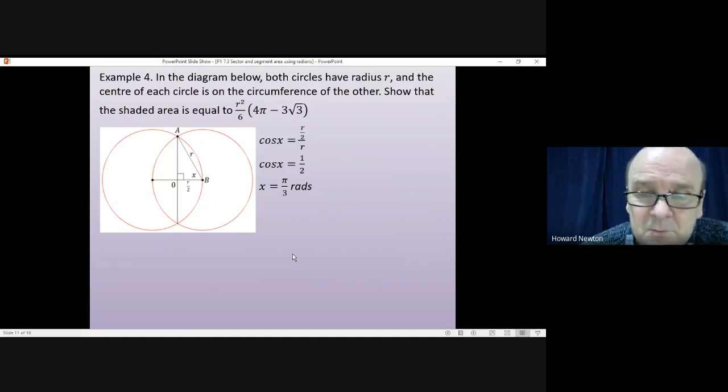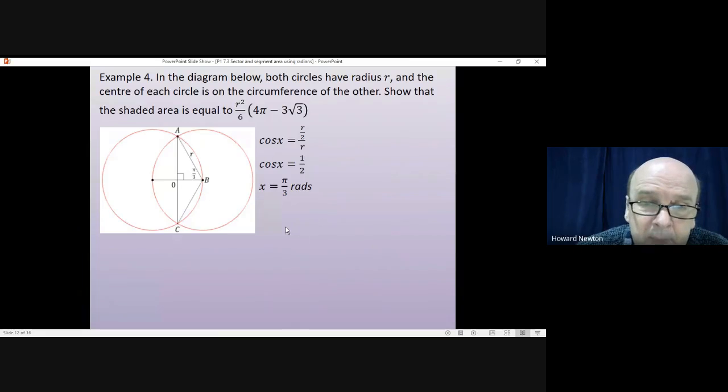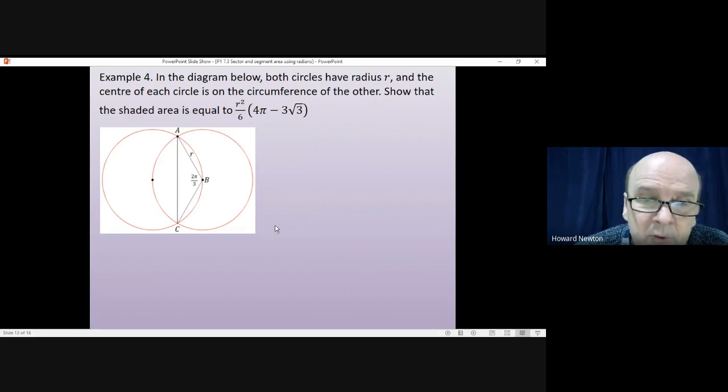Well, that means x is equal to 60 degrees, or pi by 3 radians. Now that we know that, we can put pi by 3 in there, and we'll include this bottom point C, and we want to work out the whole of this angle, ABC. Well, it'll be double that, because the whole thing is symmetric. So this angle will be 2 pi by 3 radians.